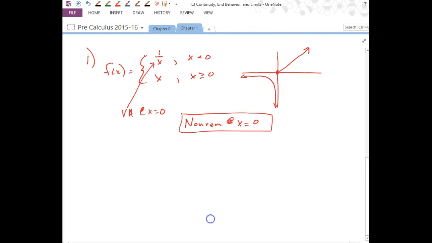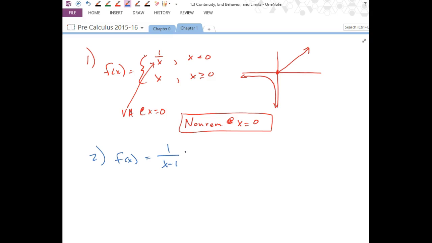Okay, so let's say we have a function 1 over x minus 1. So number 1, do I have any points of discontinuity? First of all, what causes discontinuity in a function?